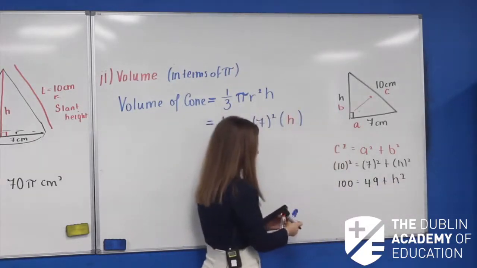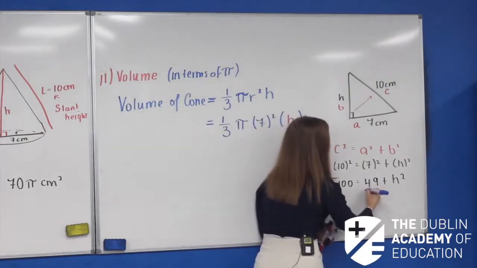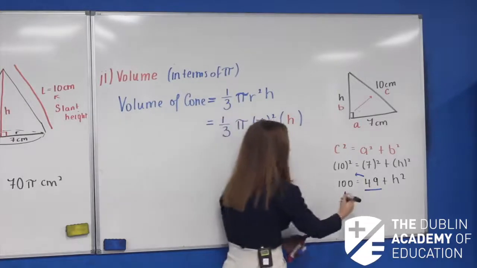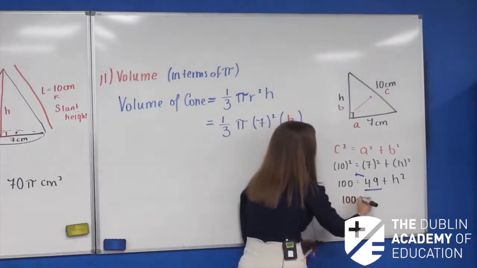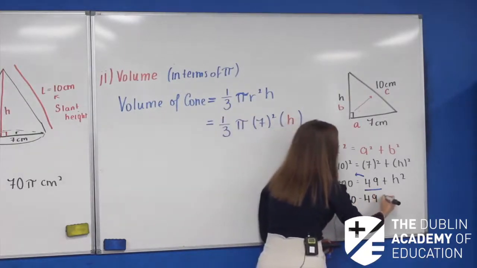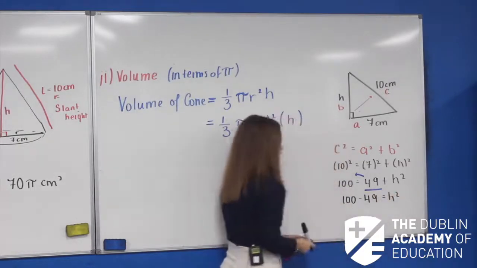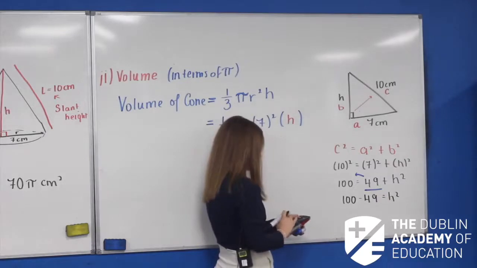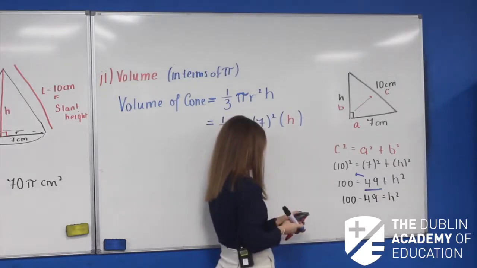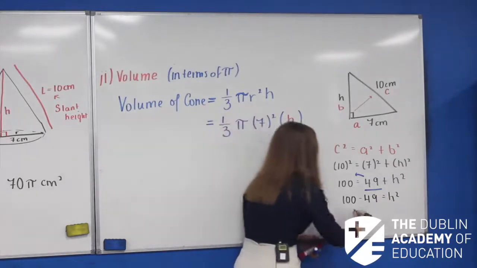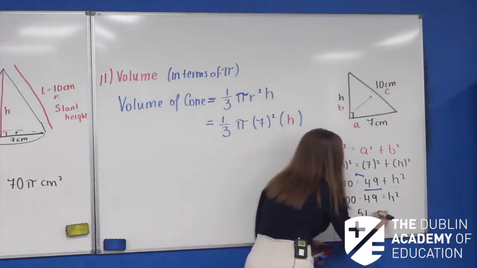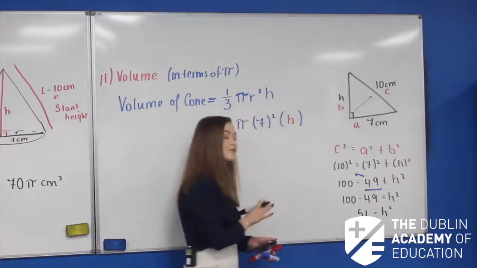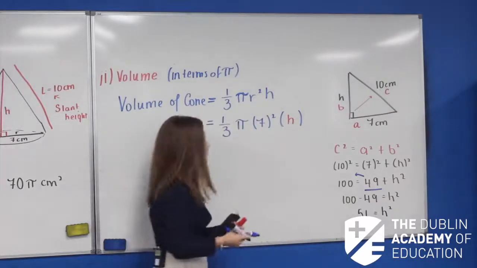I'm going to take the 49 and bring it across the equals sign. So here I have 100 minus 49 equals h squared. Now 100 minus 49 is going to leave me with 51, equals h squared.